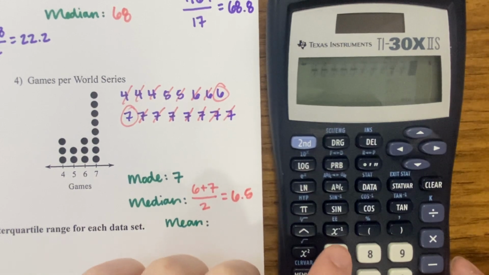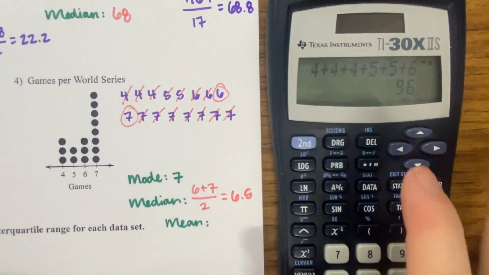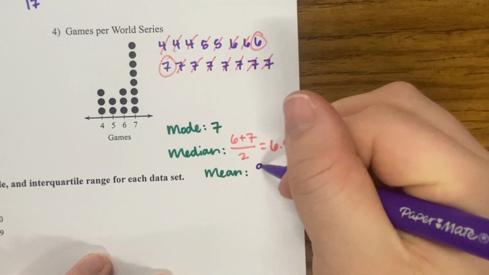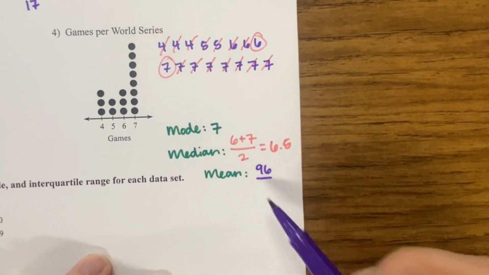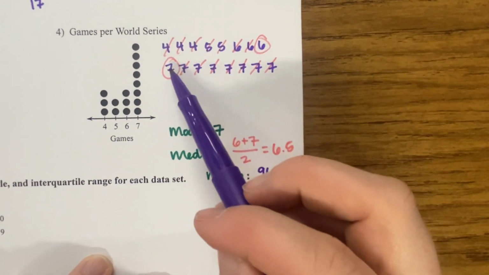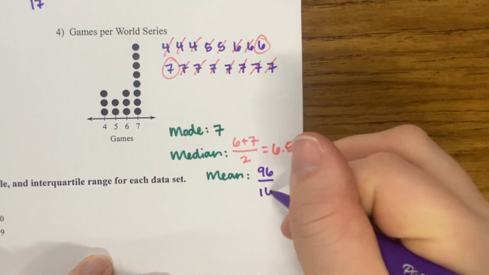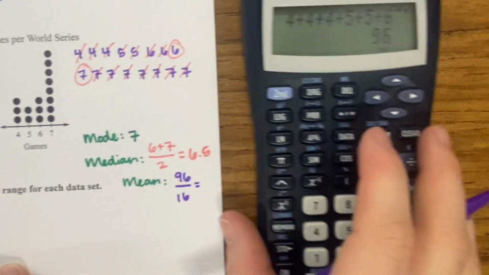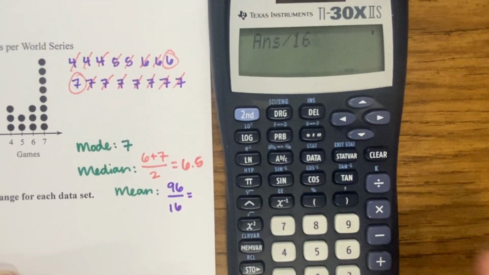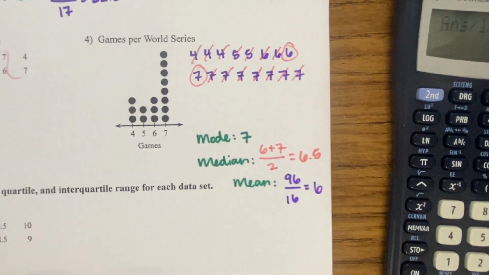Okay, so I get a total of 96. 96 divided by how many I have? 16. So 96 divided by 16 gives me a mean of 6.